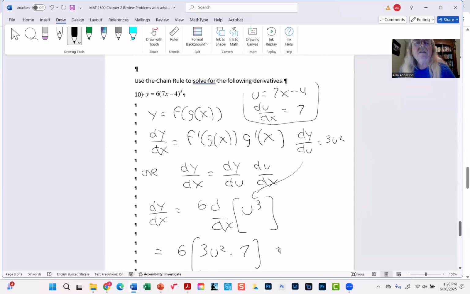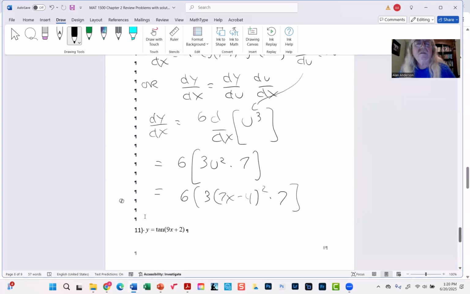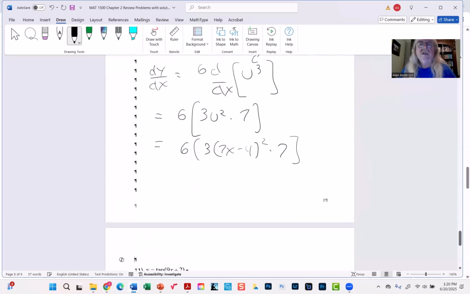And then we can multiply out. You can see we're going to have 6 times 3 times 7, and that's equal to 126.